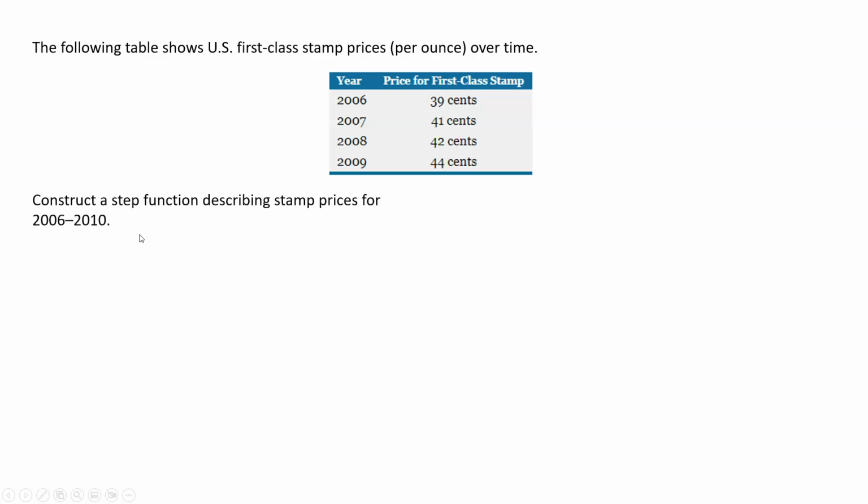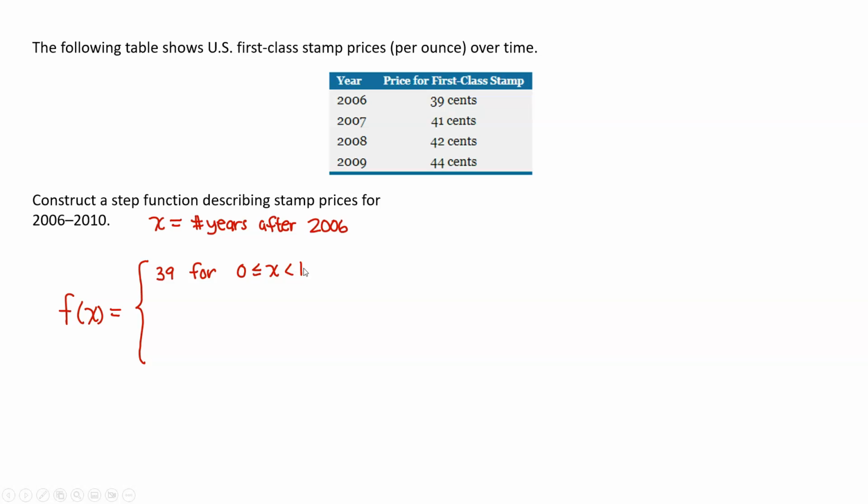So that's the first thing you're asked to do here, construct a step function describing stamp prices for 2006 through 2010. So letting x be the number of years after 2006, so this would be 0, 1, 2, and 3. You can see it's 39 cents when you're at 2006 and all the way up until 2007, right before it.